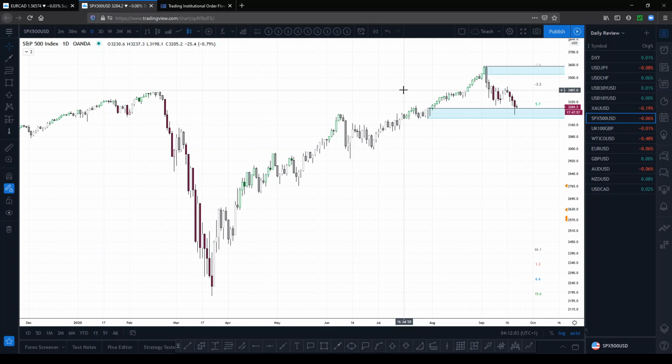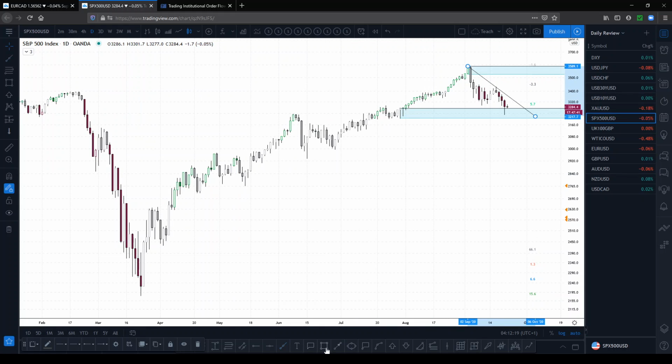If we're going to look for an opportunity to sell this market, we are now in a downtrend, as far as the methodology suggests, with lower highs and lower lows, with demand zones, as we said, being removed. And the market has used this area as an area of supply as well.